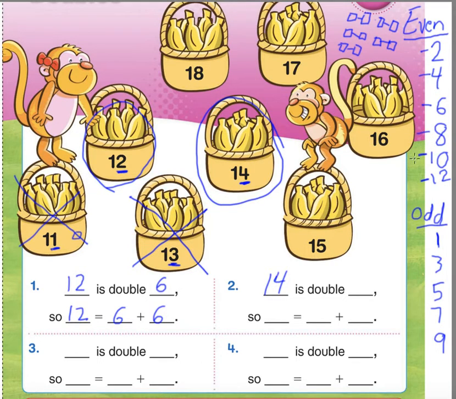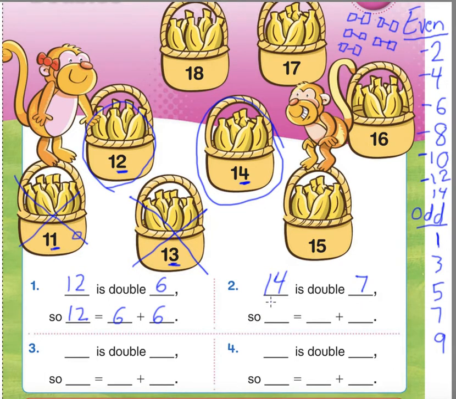Then 5 plus 5 is 10. 6 plus 6 is 12. 7 plus 7. Oh, what is 7 plus 7? You know what? 7 plus 7 is 14. And that's our number right there, 14. And we said it was double sevens.